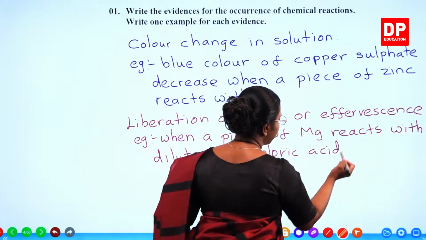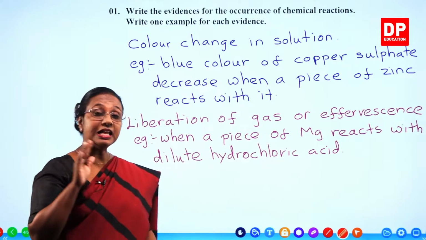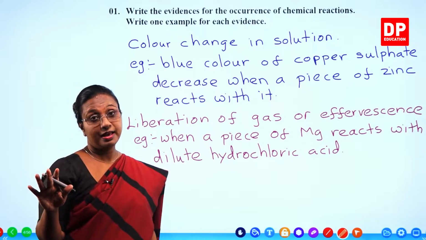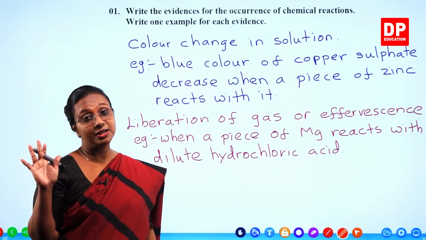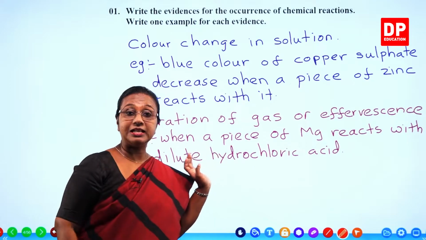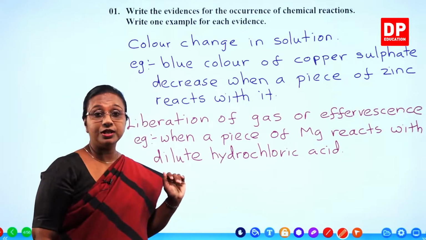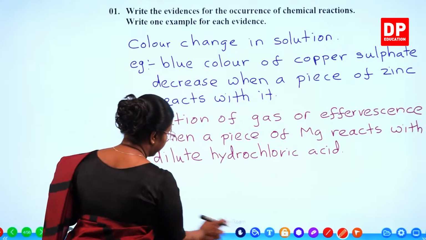So we can even say hydrochloric acid or sulfuric acid. You can use any other metal that reacts with dilute acids. So you can remember copper does not react with dilute acids. So because of that, you have to make sure it is a metal that reacts with a dilute acid. So that is liberation of gas or effervescence.